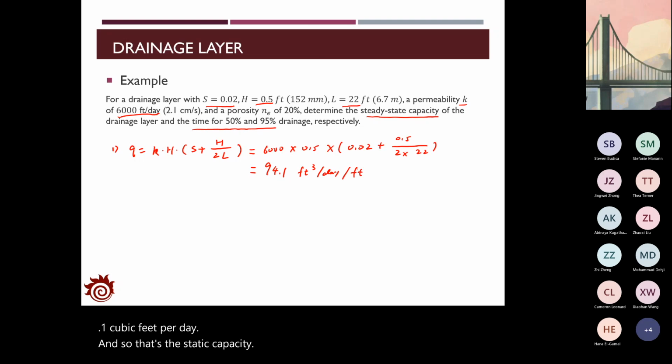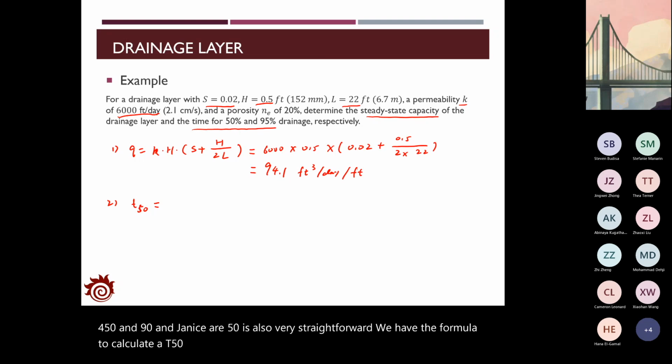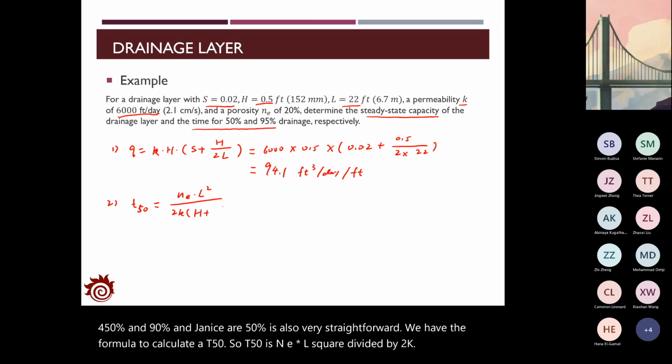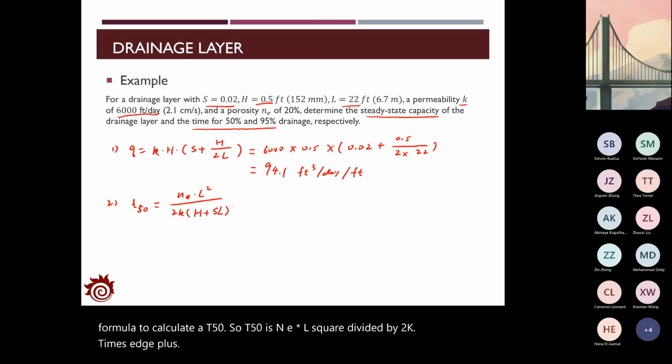The next one is the time for 50% and 90% drainage. For 50% it is also very straightforward. We have the formula to calculate T50. So T50 is NE times L squared divided by 2K times (H plus S times L).